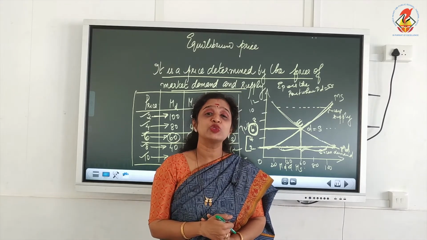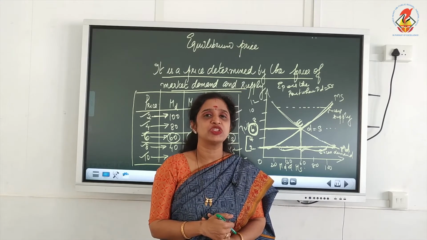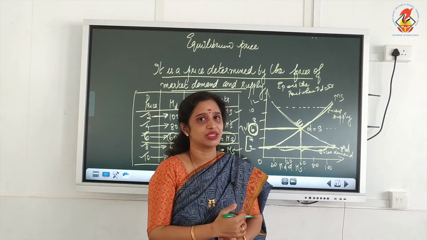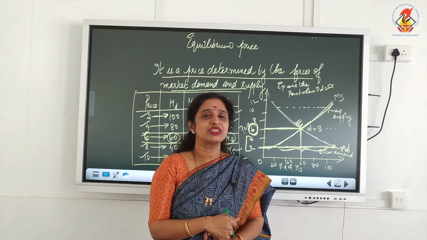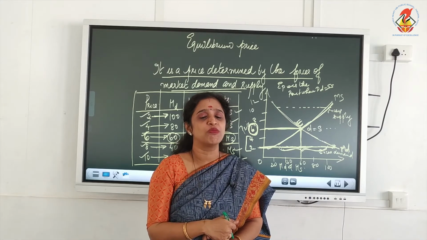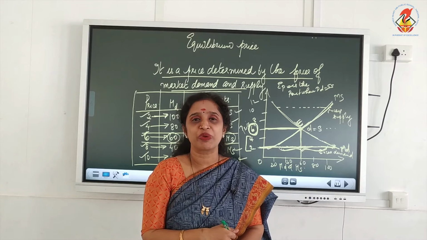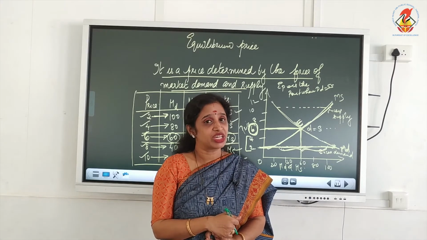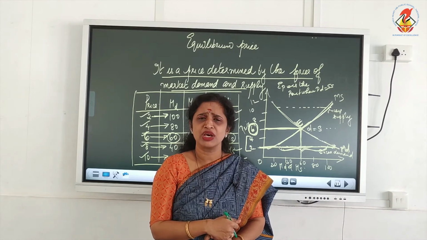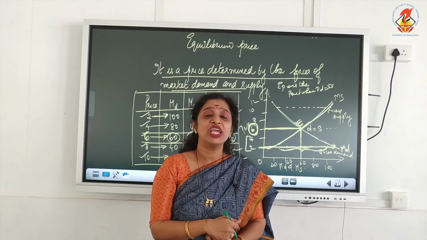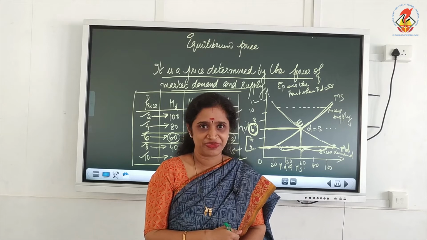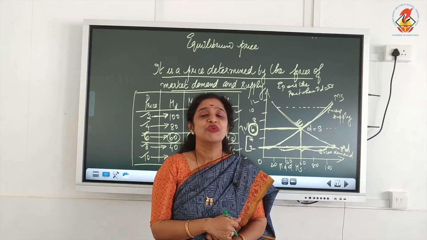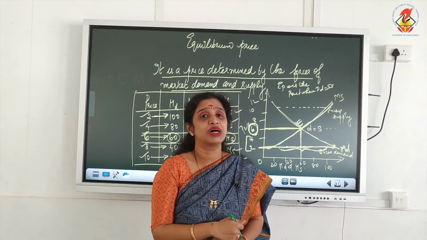The producers will be willing to supply that much in the market only if the price is increased, because producers are willing to produce and sell more only if the price increases. Therefore, at price 2, if there is excess demand, producers are willing to meet the demand only if the price increases from 2. So, they will demand a price of 6 where market demand is equal to market supply.